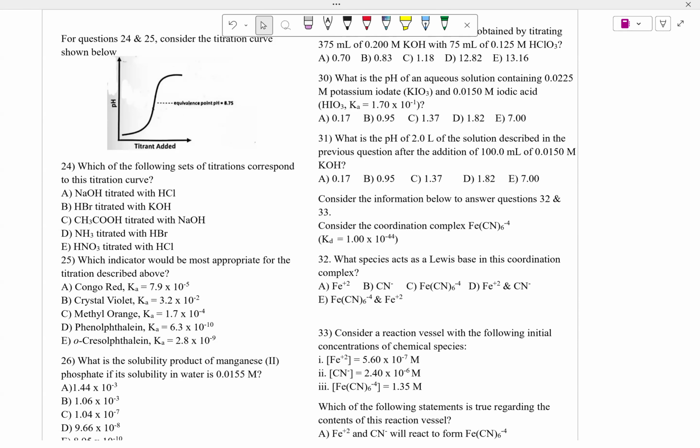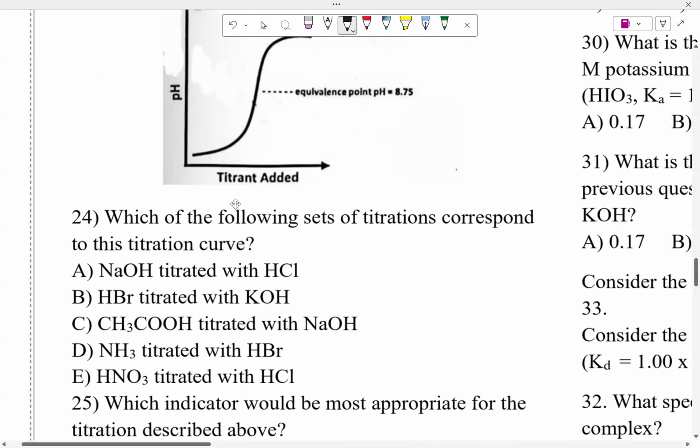And so in this question, we see that the titrant in this case is going to be NaOH. Or sorry, I'm jumping the gun. We see that we're starting off with an acid. That's why the pH is less than 7. Another takeaway is that there's an equivalence point at 8.75.